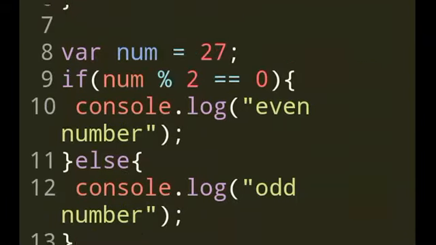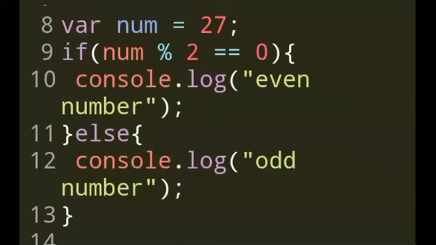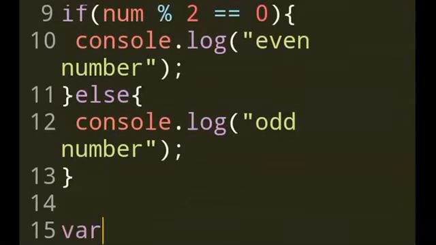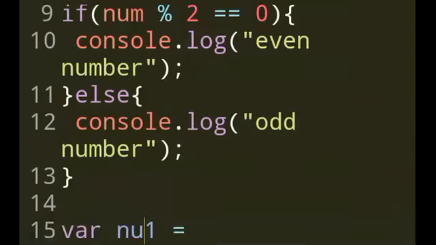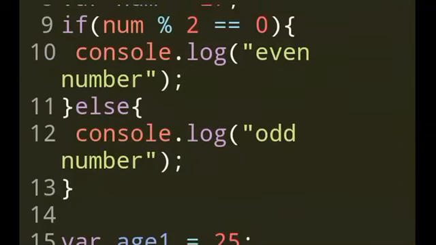So we can even make another condition, for example, given two numbers. var age1 equals 25, var age2 equals 43.